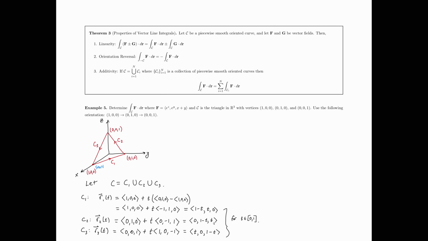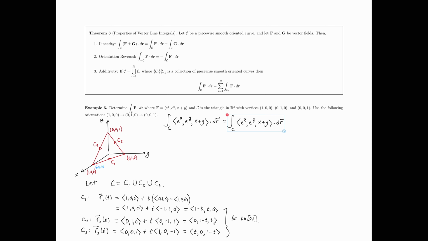So once we have all of that, we can go ahead now and do our composition. Ultimately, the integral over C of this vector field, e to the z, e to the y, x plus y, dot dr, we can actually split this up into the following. Let's just make our lives a little bit easier and copy this down, and then copy paste a couple times.